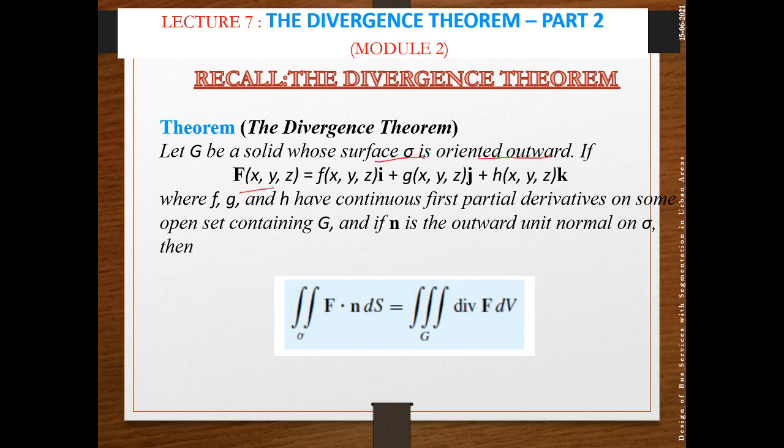If F(x,y,z) = f(x,y,z) i + g(x,y,z) j + h(x,y,z) k, where f, g, and h have continuous partial derivatives on some open set containing G, and n is the outward unit normal, then the double integral over sigma of F dot n dS is equal to the triple integral over G of div F dV.